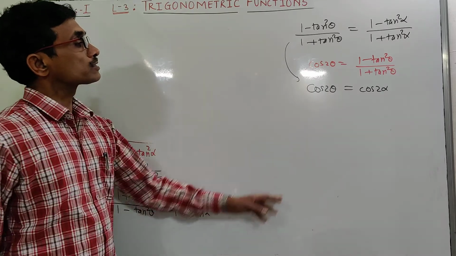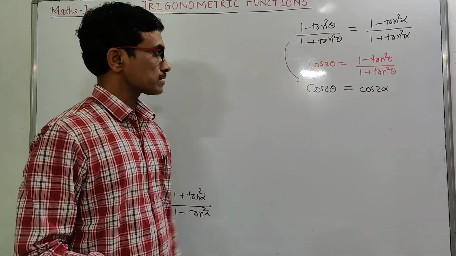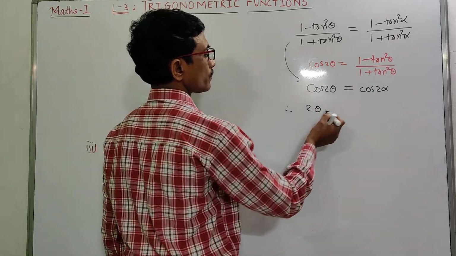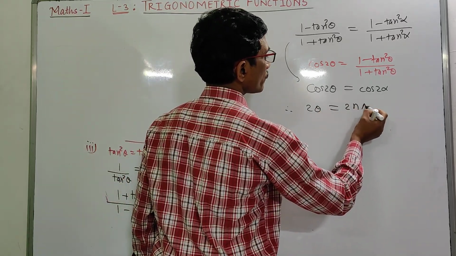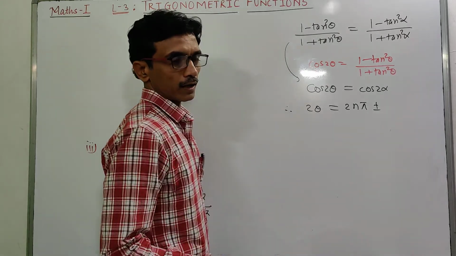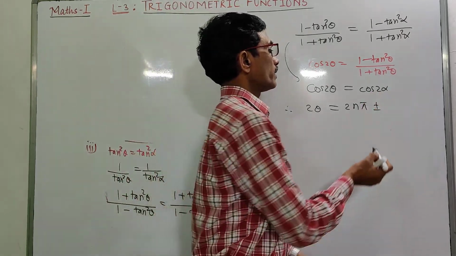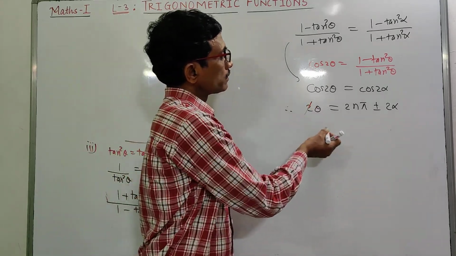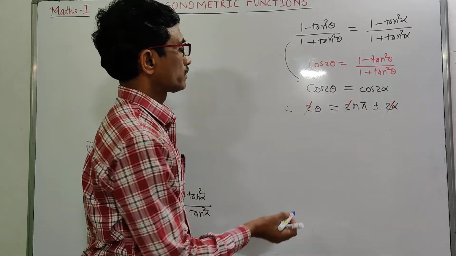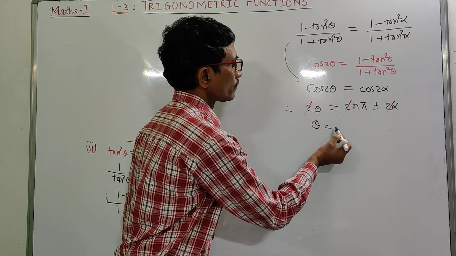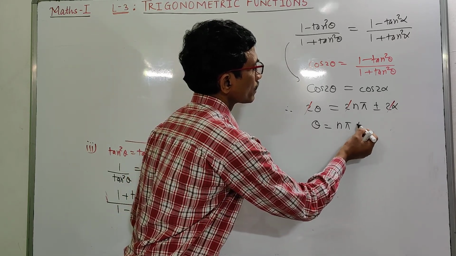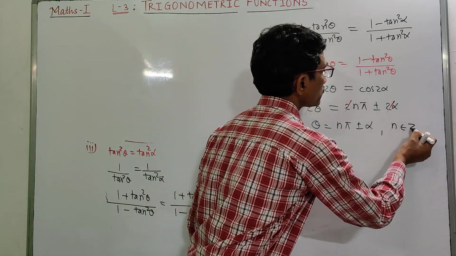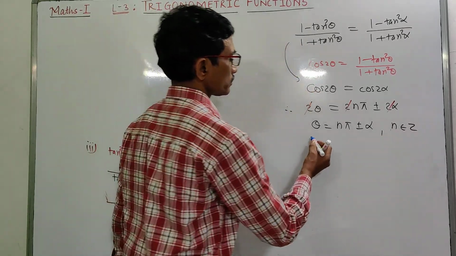Now as cos theta is equal to cos alpha implies theta is equal to 2n pi plus minus alpha, therefore 2 theta is equal to 2n pi plus minus 2 alpha. Now this 2 is getting cancelled, so that theta is equal to n pi plus minus alpha, where n belongs to Z. This is the general solution.